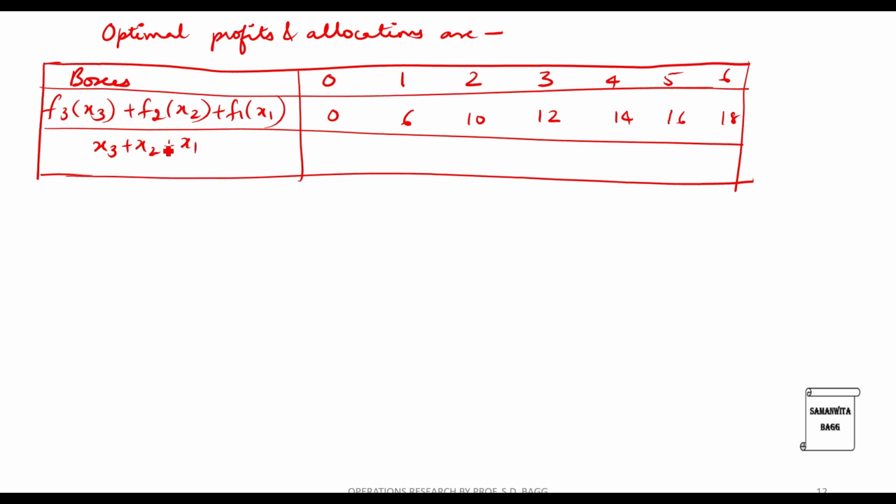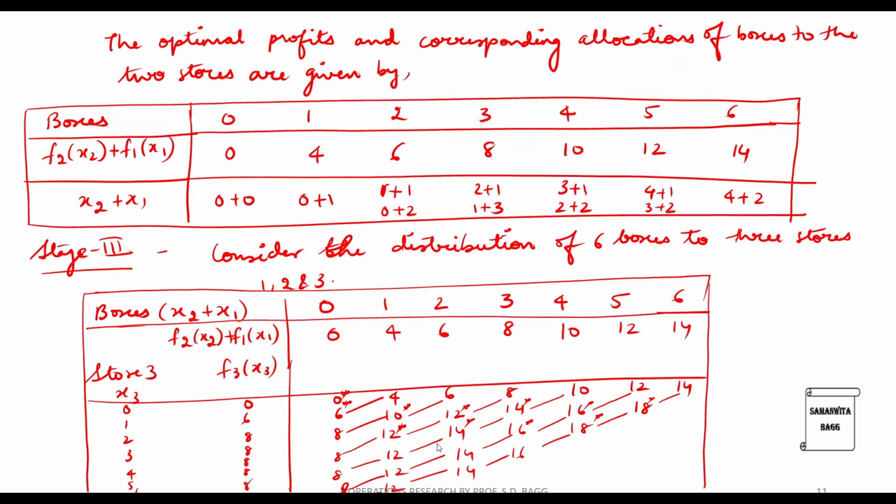And last I am going to add x3 to the value of x2 plus x1. So here x3 value is 0 and x2 plus x1 is 0. Then we have 1 as x3 and here the value is 0.